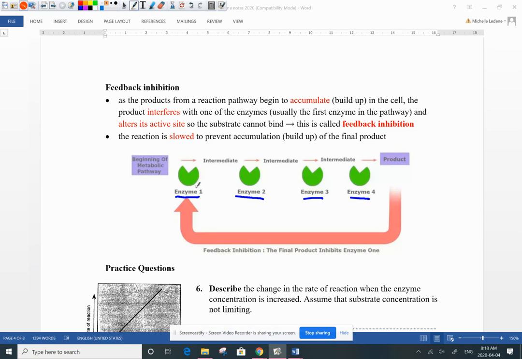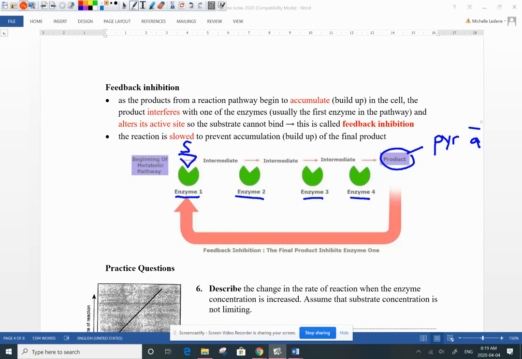So there's a whole bunch of enzymes and a bunch of intermediates that they create. So here, if we have our substrate, and that is glucose, and enzyme number one, it makes an intermediate product, and then enzyme number two makes another, and we keep on going until we get our final product.